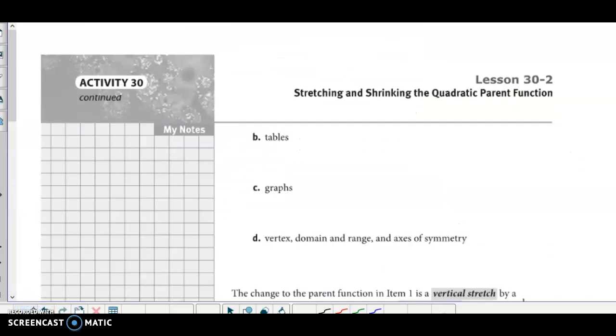Okay. When we looked at our tables, on y equals 2x squared, y is times 2. Let's not use an x for times. Let's use the word. Times 2, and on y equals 1/2 x squared, based on our parent function, y is cut in half.